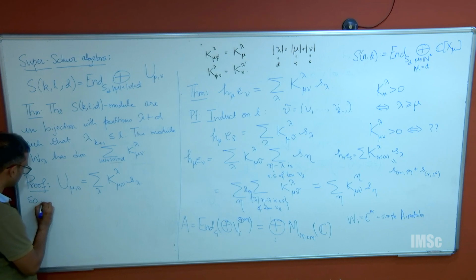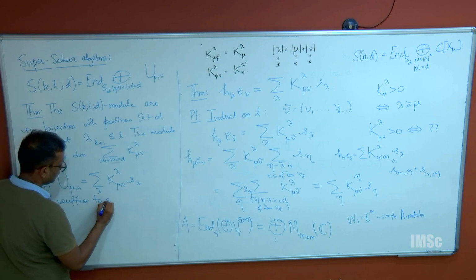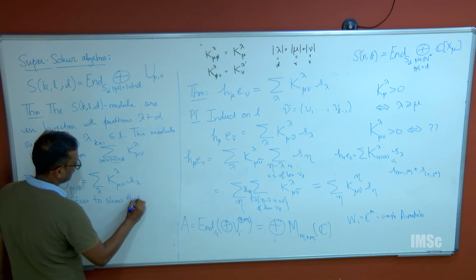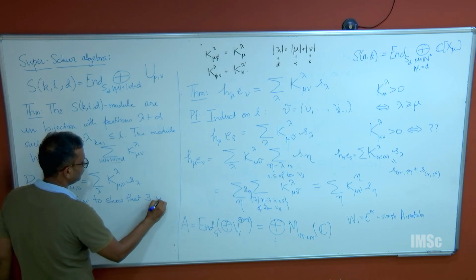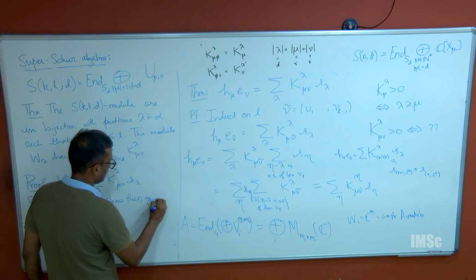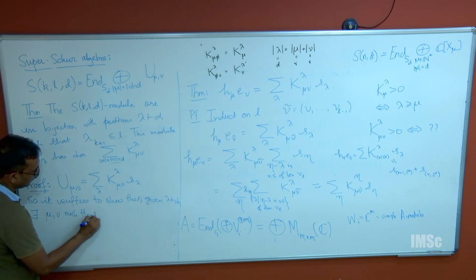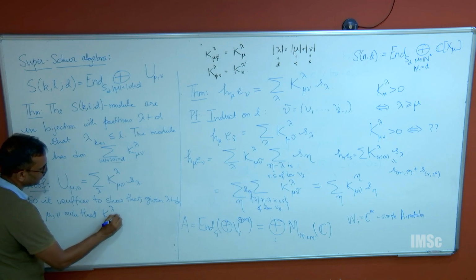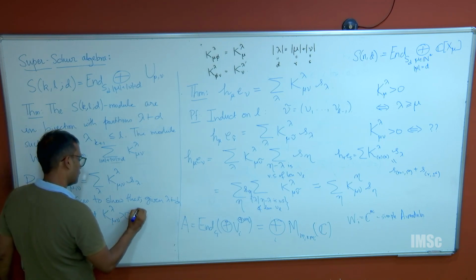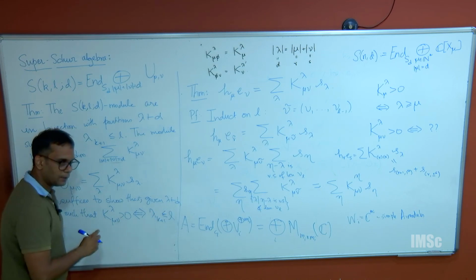So it suffices to show that, given lambda, there exists mu nu such that k lambda mu nu is positive if and only if lambda k plus 1 is less than or equal to L. Let me give you the geometric meaning.